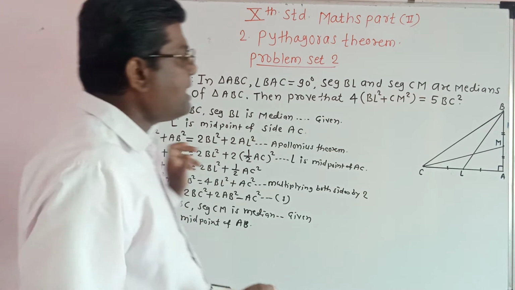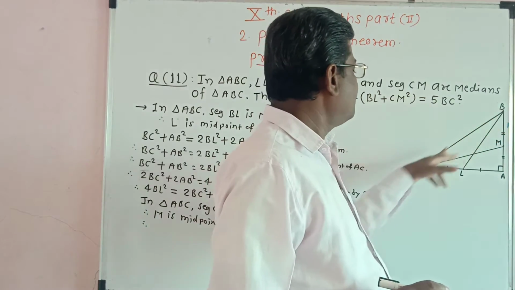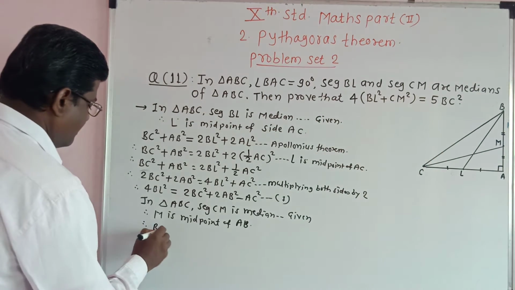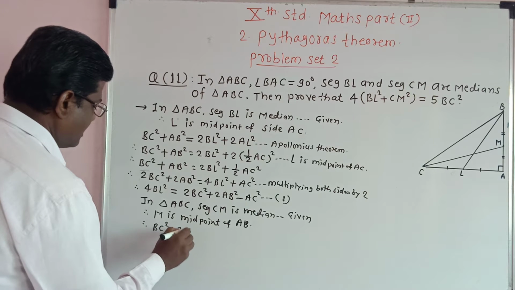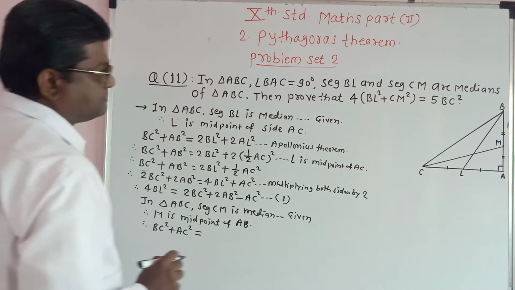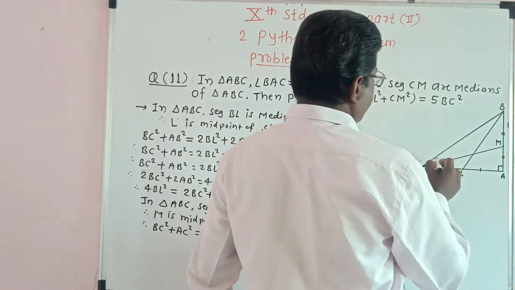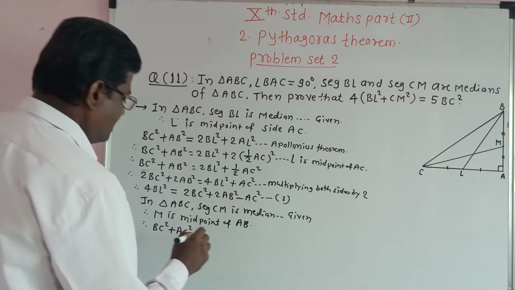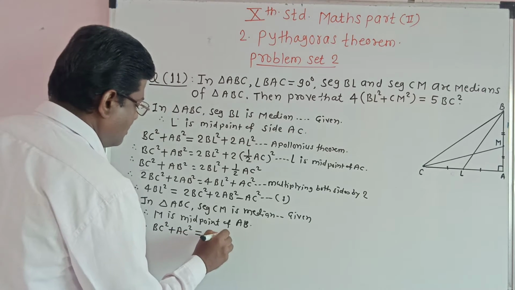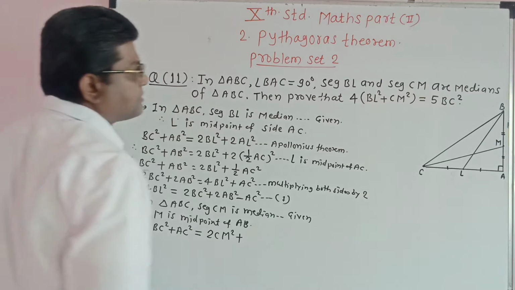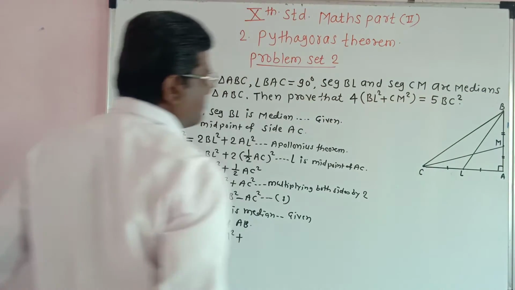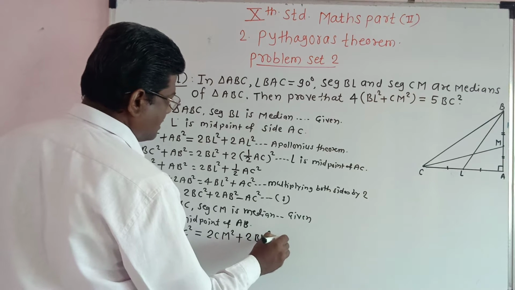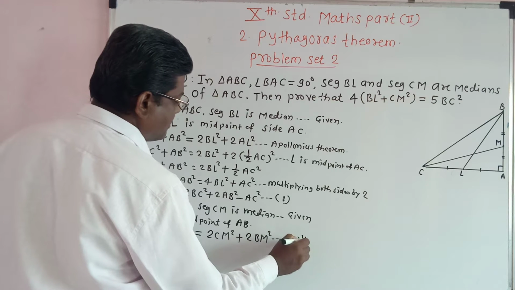Therefore, apply Apollonius theorem. BC square plus AC square is equal to 2 into CM square plus 2 into BM square. Reason is Apollonius theorem.